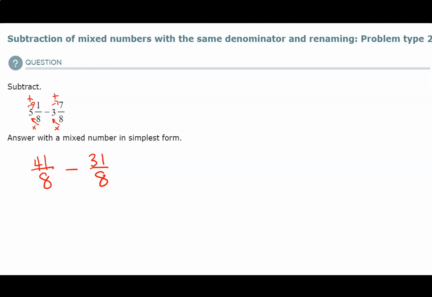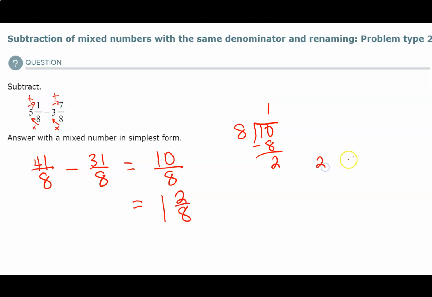All right, 41 minus 31 is 10, so we get 10/8. 8 goes into 10 one whole time, with 2 left over, so this will be the same as 1 and 2/8. But hopefully we know that with 2 in the 8, we can divide those by 2. We get 1 and 1/4.